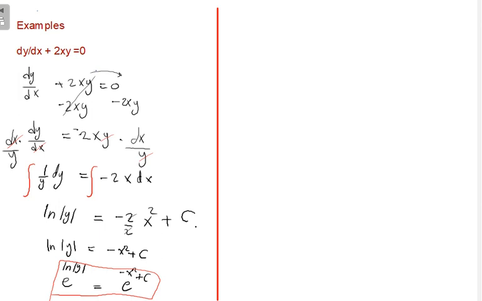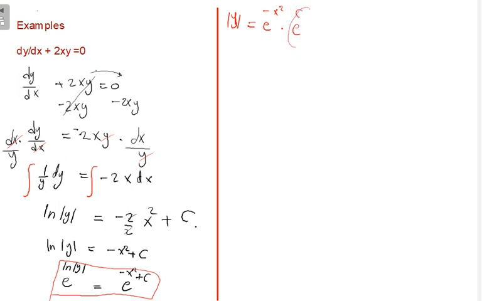Now the exponential of the ln of the absolute value of y equals the absolute value of y. The absolute value of y equals the exponential of minus x squared multiplied by the exponential of c.